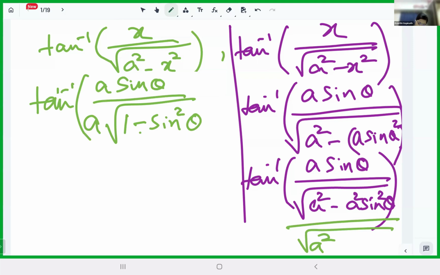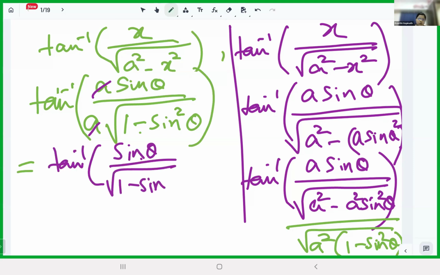So we'll get a square into 1 minus sine square theta. So what is root of a square? It is nothing but a. That is given in this step: tan inverse of a sine theta by a into root of 1 minus sine square theta. So we can cancel this a. It will become tan inverse of sine theta divided by root of 1 minus sine square theta.